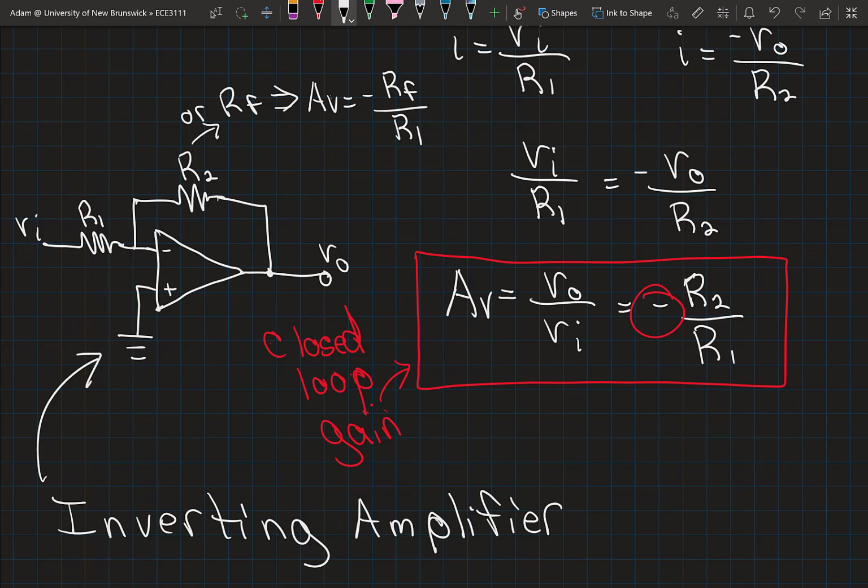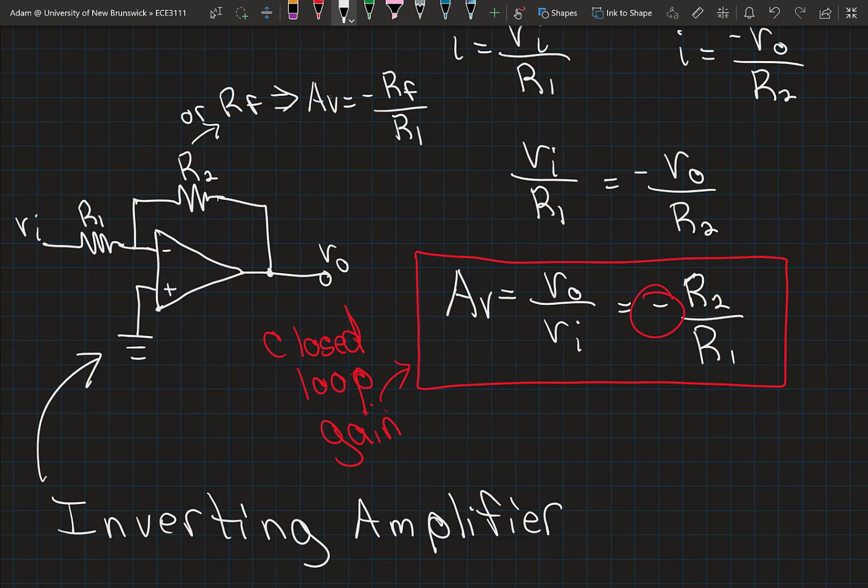Those are two very common configurations of op-amp amplifiers. You will use them going forward in this class, and probably in many applications in the future quite extensively. The near ideal nature of an op-amp makes for a very nice device to interact with, because these gains are very close to being completely independent of the actual gain of the op-amp itself.